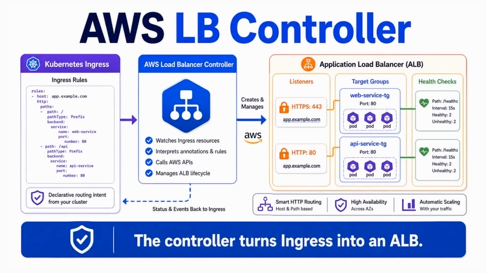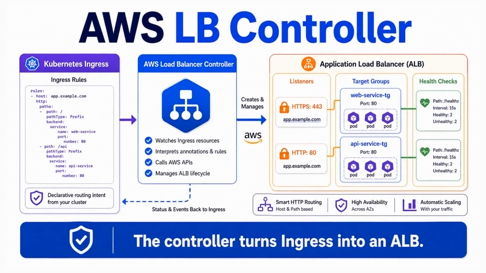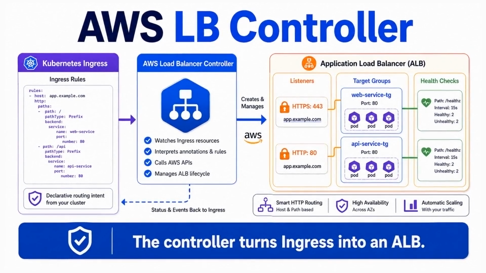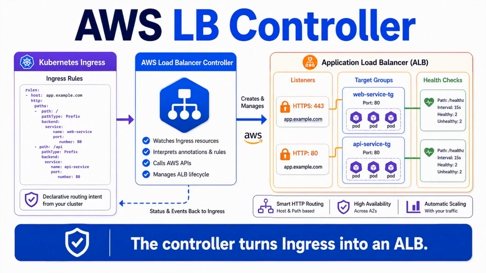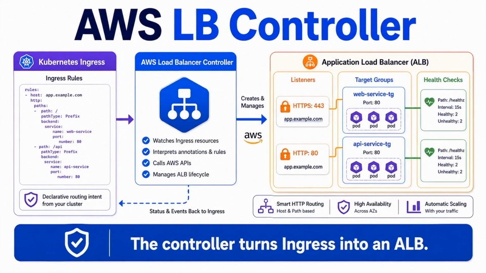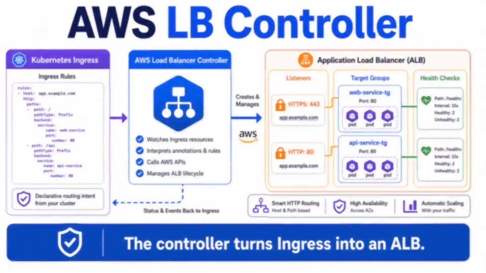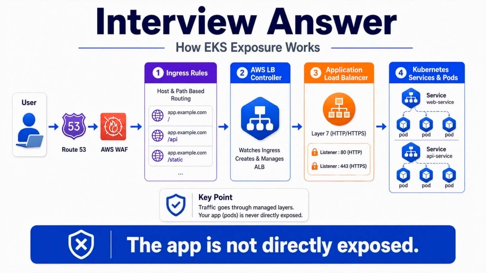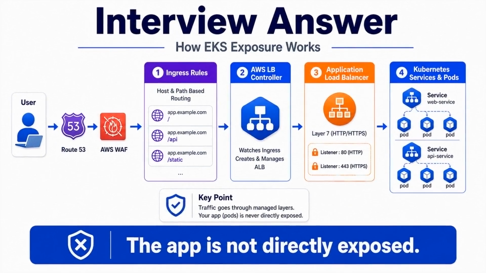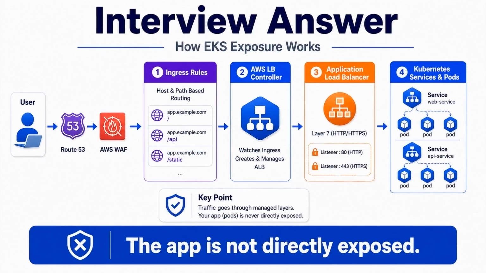In EKS on AWS, the AWS Load Balancer controller is the component that reads Kubernetes Ingress rules and creates an application load balancer with the right listeners, target groups, and health checks. That is the key interview answer. The Kubernetes application is not directly exposed. The controller creates the ALB from ingress rules, and the ALB forwards traffic towards services and pods.